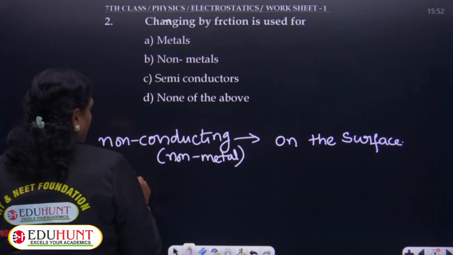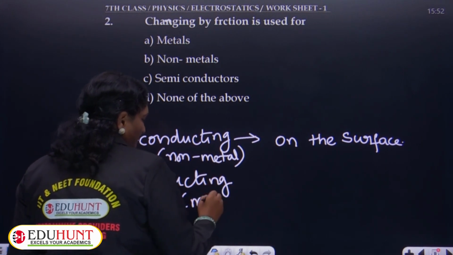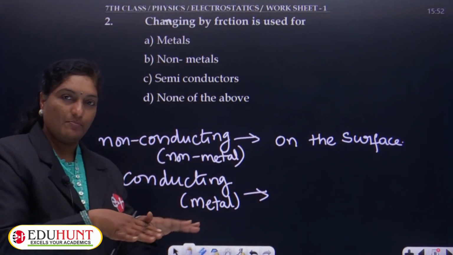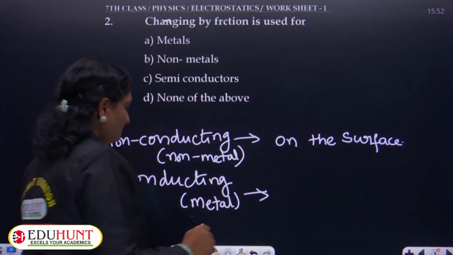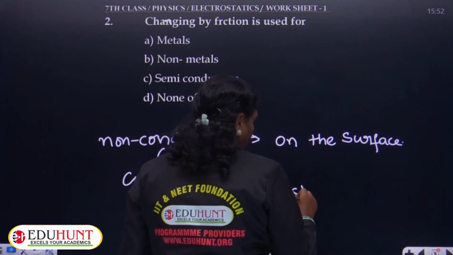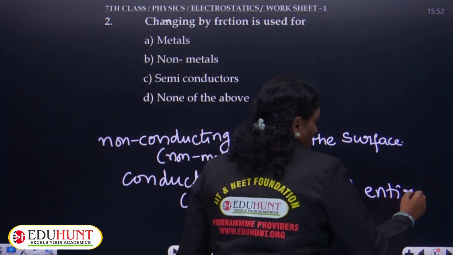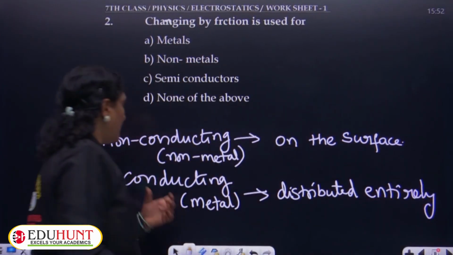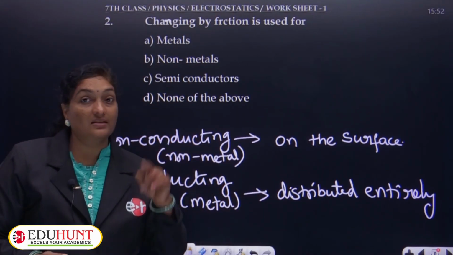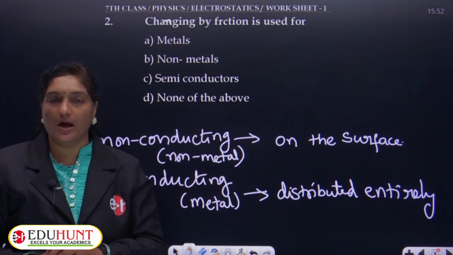Whereas if you consider a conducting body, meaning a metallic body, then the charge can be accumulated inside also, both inside as well as outside, distributed entirely. So for a conducting or metallic body, the charge is distributed throughout the body, whereas for a non-conducting or non-metallic body, charge only resides on the surface of the body.